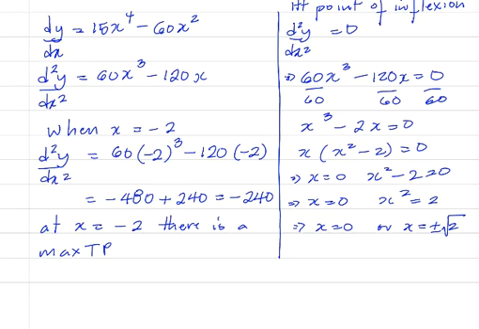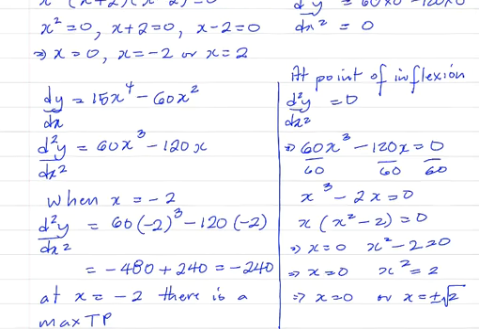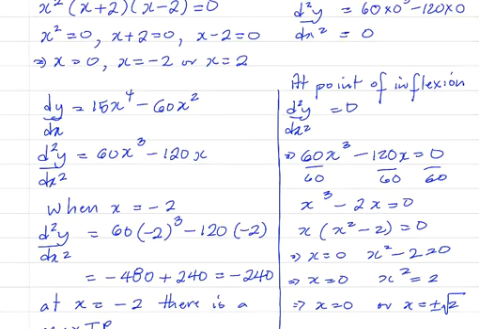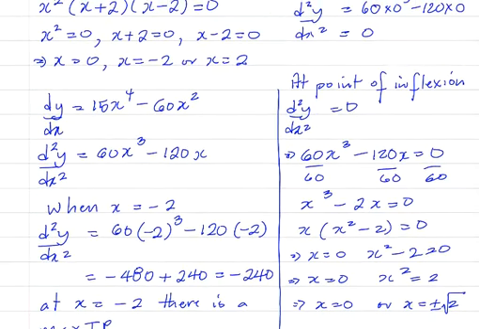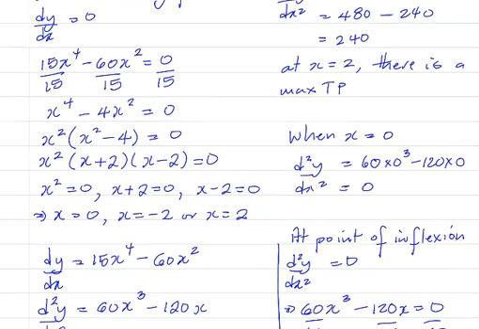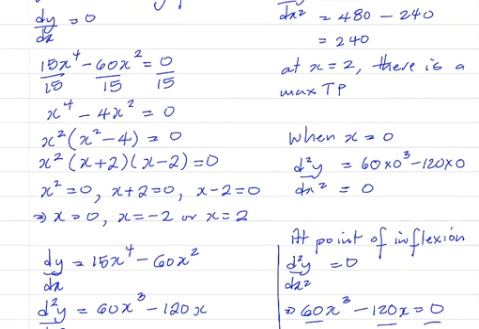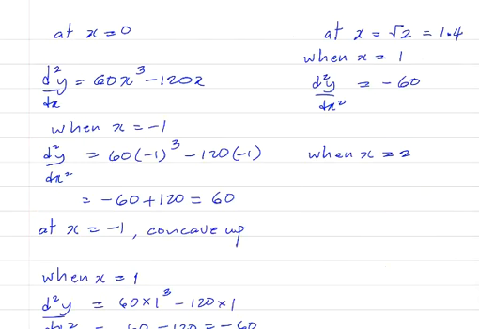So when x is equal to 2, d2y by dx squared is equal to 240, which is positive. 240 means concave up.